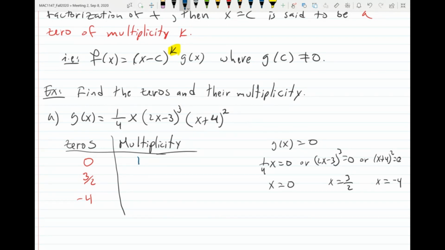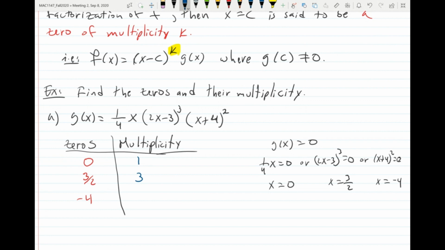Let's see, what's the factor that gives you 3 half as a zero? That's the factor 2x minus 3. What's the power that that factor has? It's 3, so that means we have multiplicity 3. Very good. And now the factor that gives you negative 4 as a zero is x plus 4.